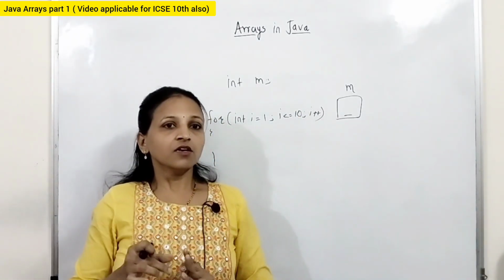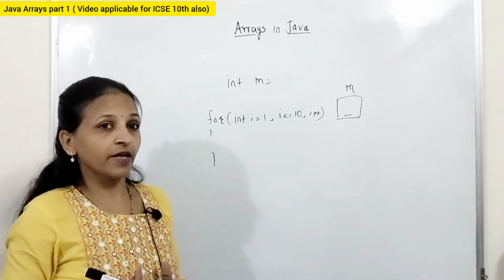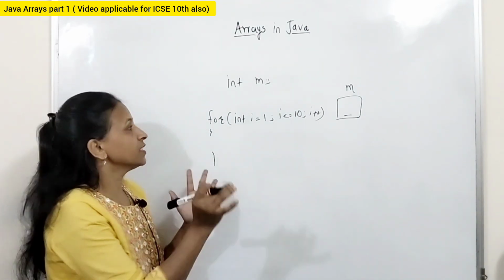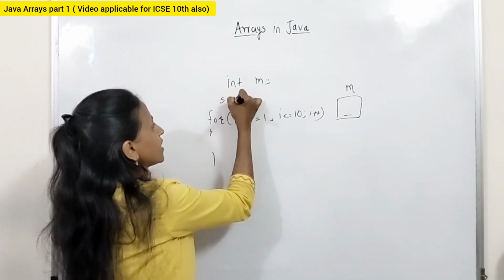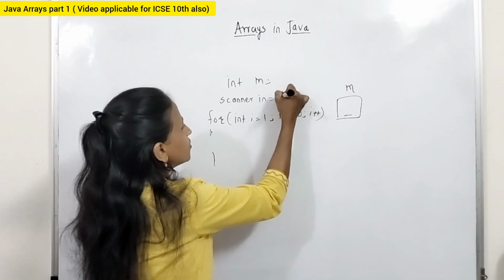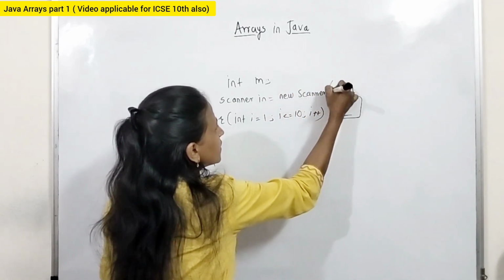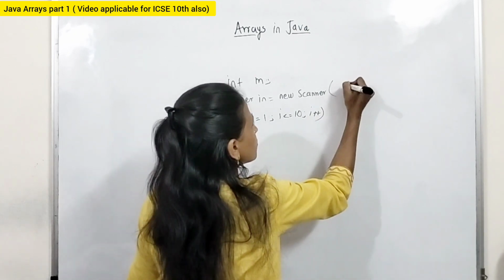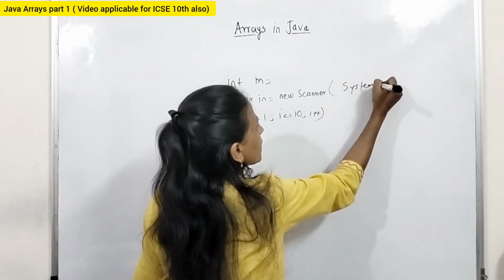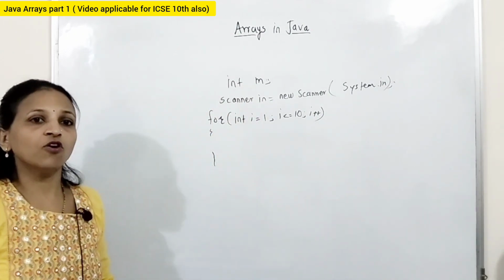Now my purpose is to accept 10 numbers from the user. Suppose I have written like this: there is one Scanner class object, Scanner in equals new Scanner, and here we have to write System.in. Here I have created one object in of the Scanner class.